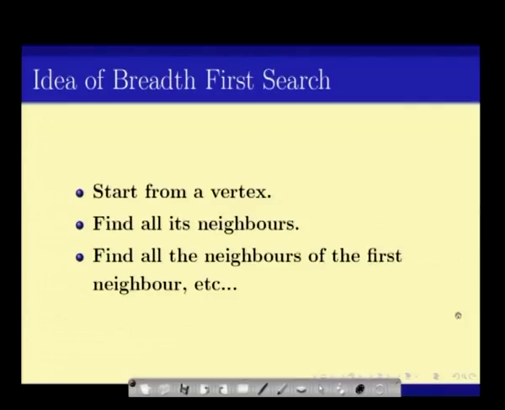So, the idea of breadth first search is again to start from a vertex and find all its neighbors. Then let us look at all the neighbors of its first vertex and so on and so forth. So, the breadth first search is very similar to the depth first search, and finally, it will output a spanning tree.